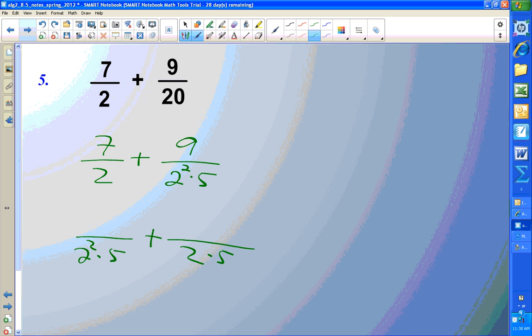I know that we can go 2 times 10 and get 20. What I want you to see is, what do you multiply 2 by to get 2 squared times 5? Again, 10 would be a bad answer. A correct one, but a bad one. Correct. You would multiply by 2 to get 2 squared and times 5. So on the top, you're going to multiply by 2 times 5.